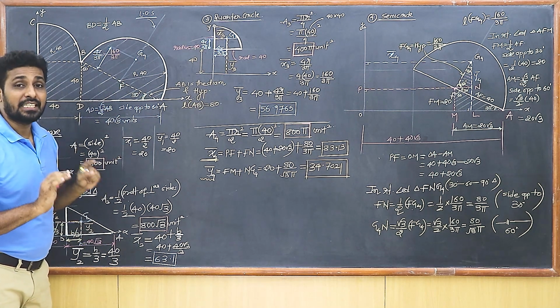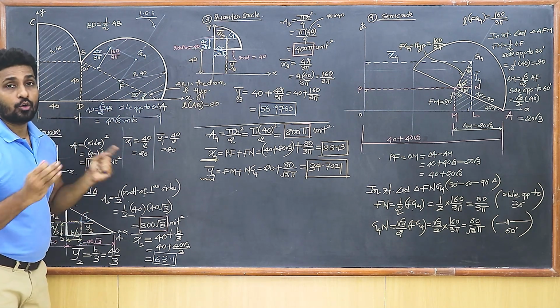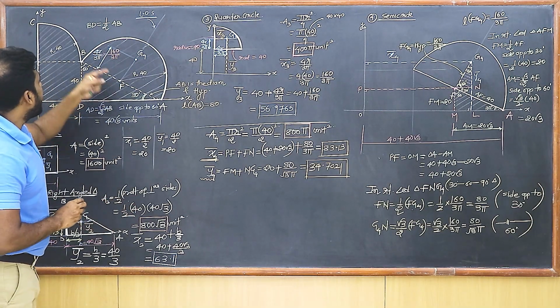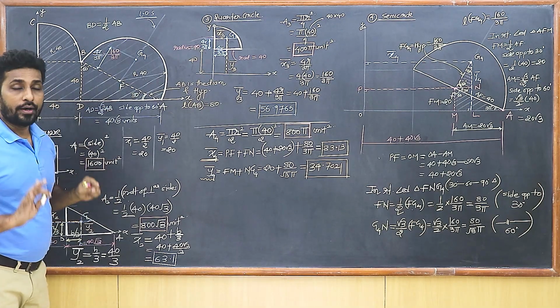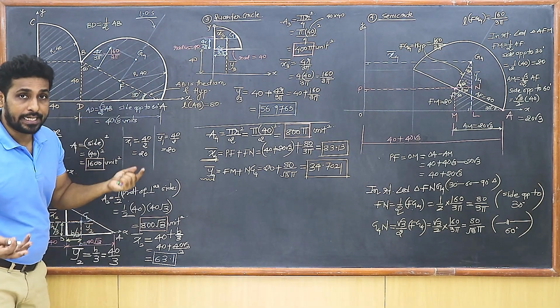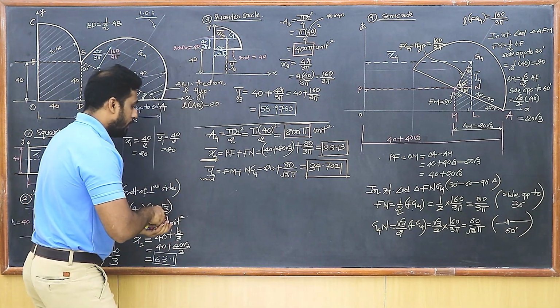No subtraction has happened over here. No part is removed from here. So all these areas are going to be positive areas. Further, I also knew that this entire diagram was placed in the first quadrant. So I did not have to worry about the signs of the x and the y coordinates of individual standard shapes, isn't it?